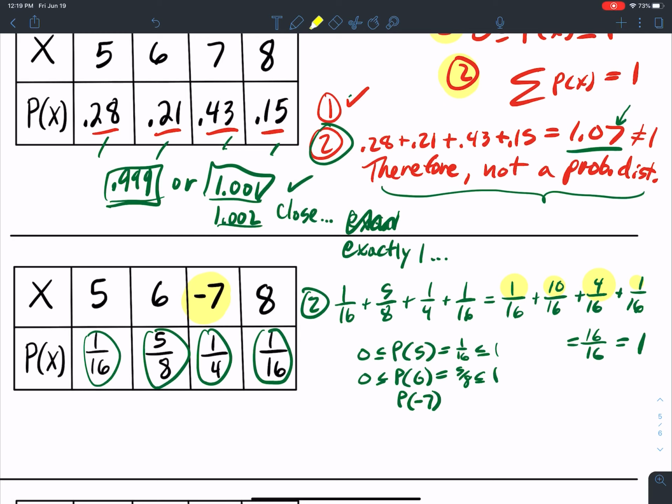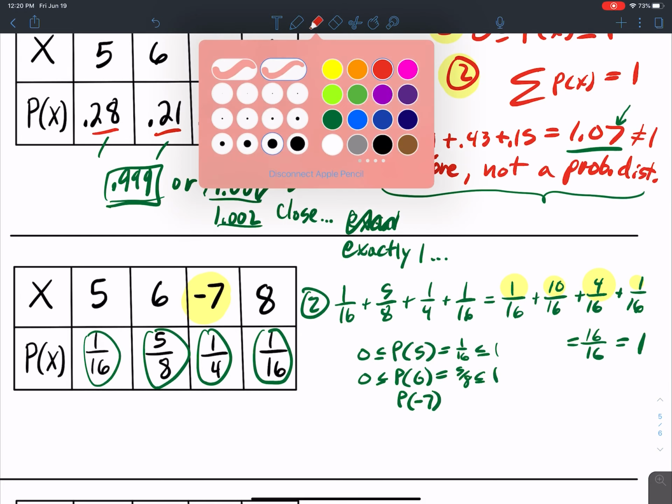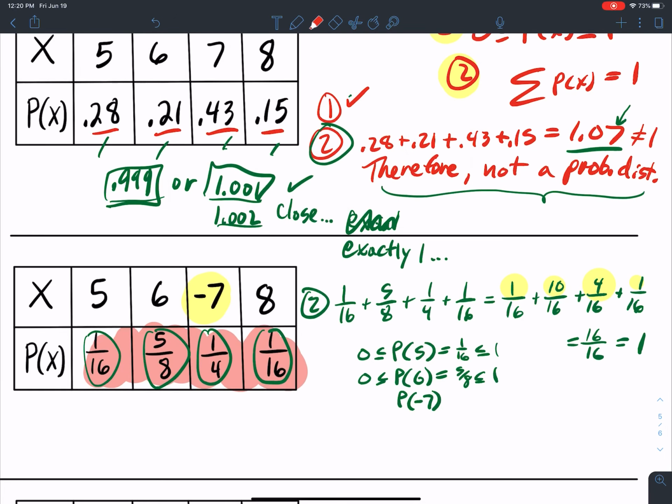What you cannot have is a negative probability. That's what we're looking at. So don't let that throw you off. If you see a negative value, it's the probability that's got to be between 0 and 1. Okay? So the probability here is 1/4, which is between 0 and 1. And the last one is probability 8, which is 1/16, which is clearly between 0 and 1 here.